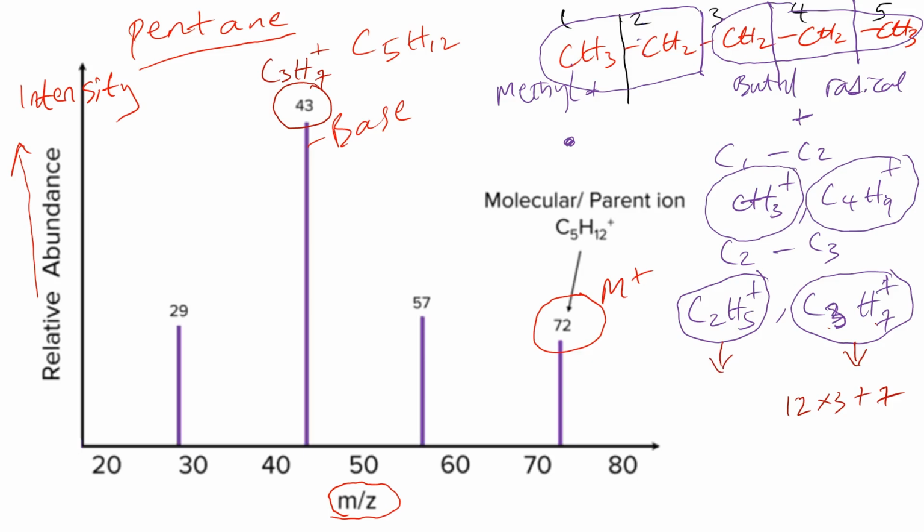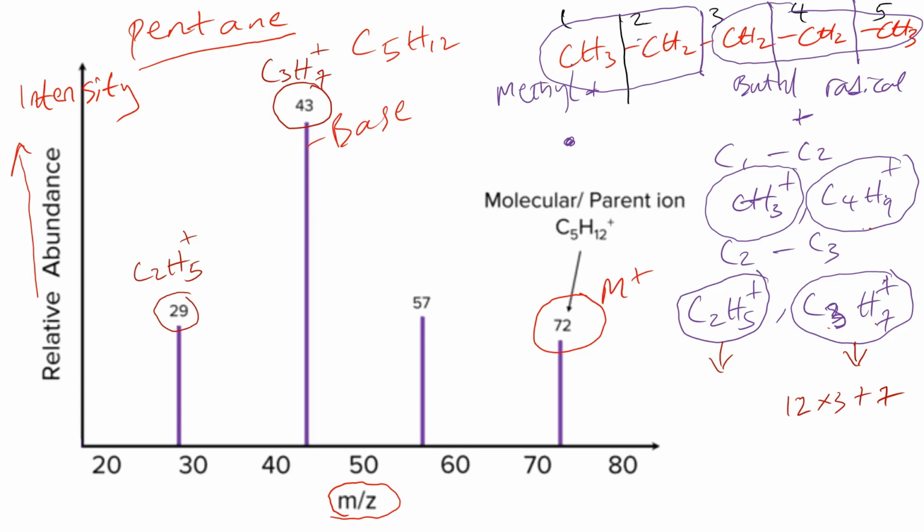Let's look at the ethyl cation, which is C2H5. If you add them together, 12 times 2 plus 5, we have 29, and that corresponds to this peak here at 29. So this is our ethyl cation fragment, C2H5+. And let's look at C4H9.